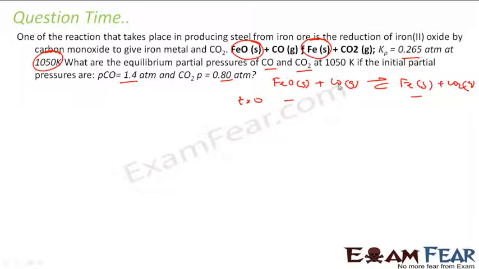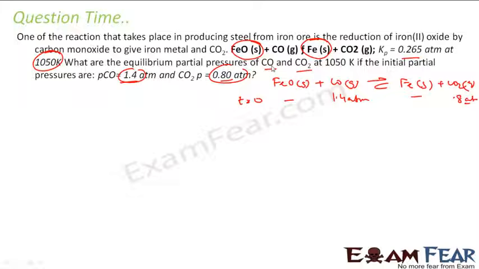Initial at T equal to 0, the partial pressure of CO was 1.4 atm, CO2 was 0.8 atm. Now the question is, will the reaction go in this direction or that direction?